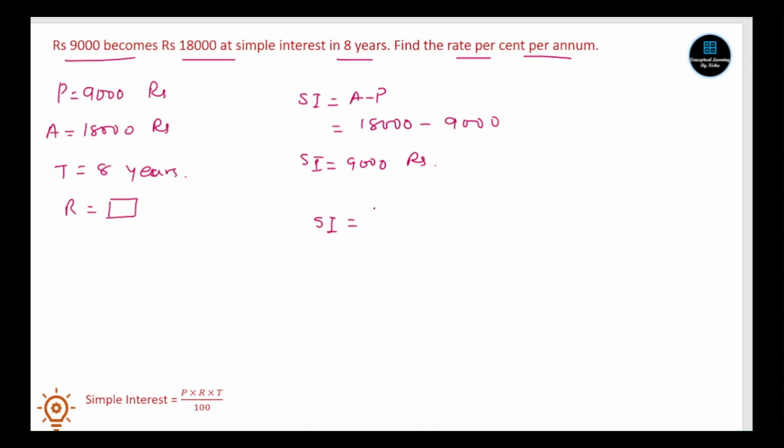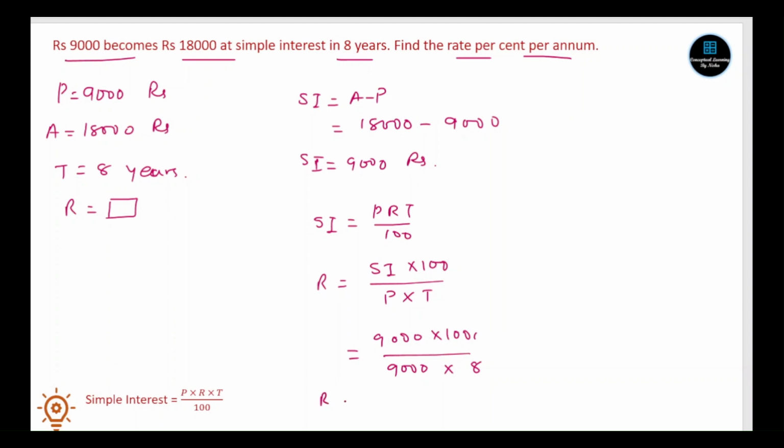SI is equal to PRT over 100. Now we have to find R, so convert the formula in terms of R. So R is equal to SI into 100 upon P into T. Now let's substitute everything. So 9,000 into 100 upon again 9,000 into time period 8.